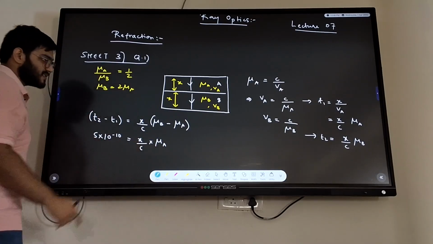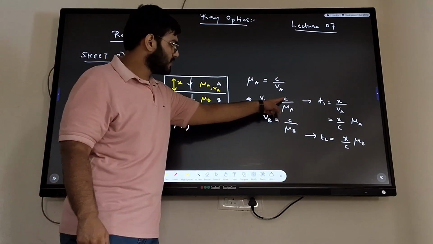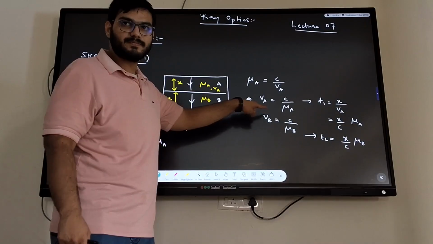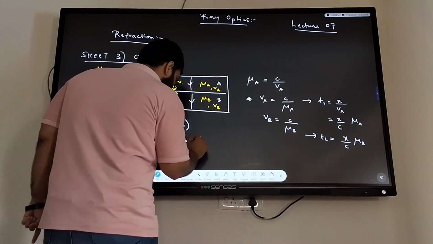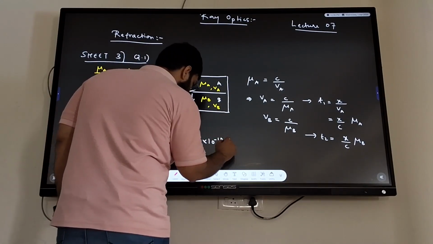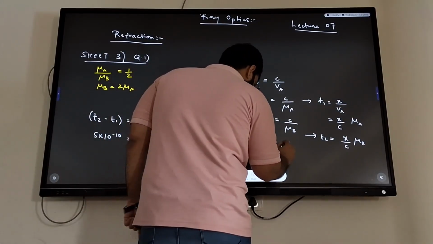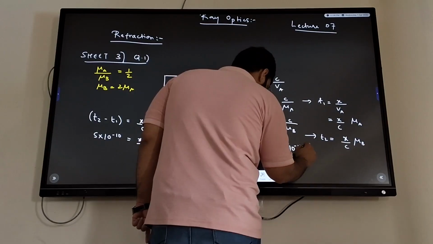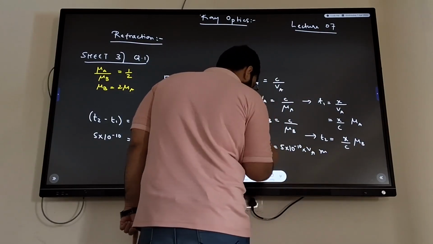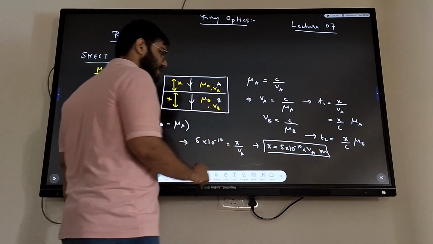Mu A by C is 1 by VA. Then I get 5 into 10 to the power minus 10 equal to x by VA. Then x is 5 into 10 to the power minus 10 into VA meters. Do you get it?